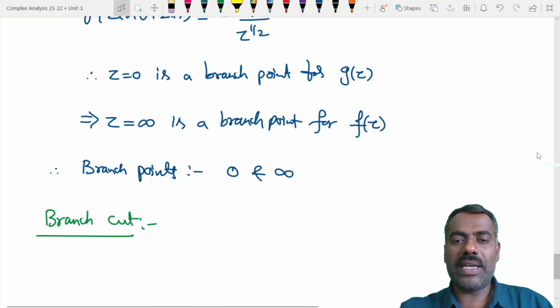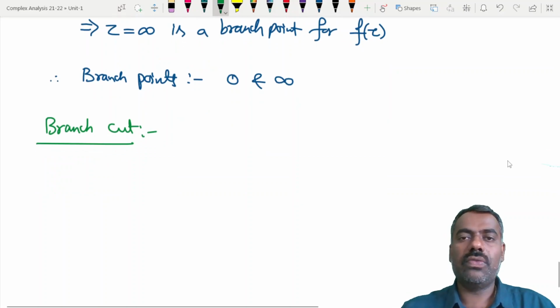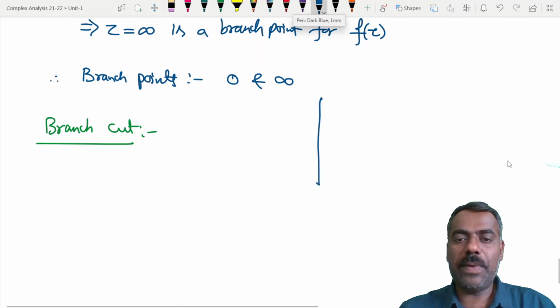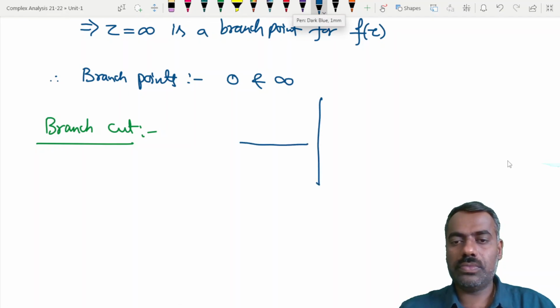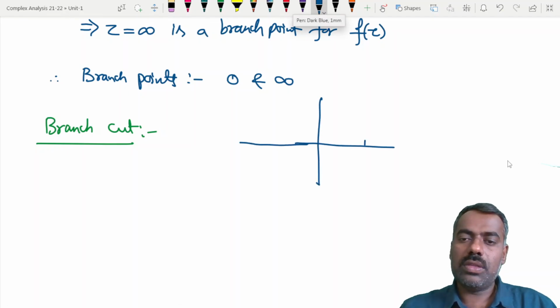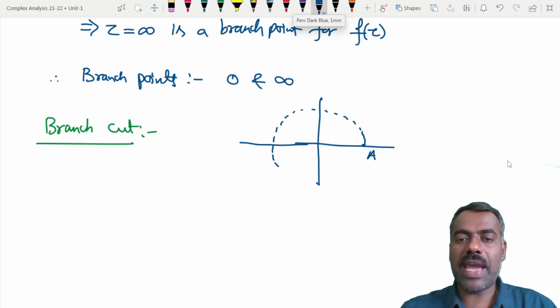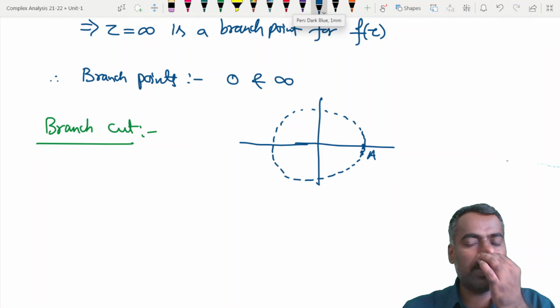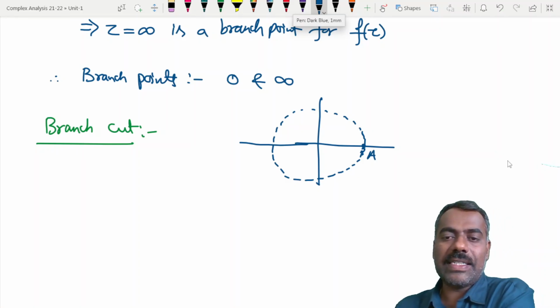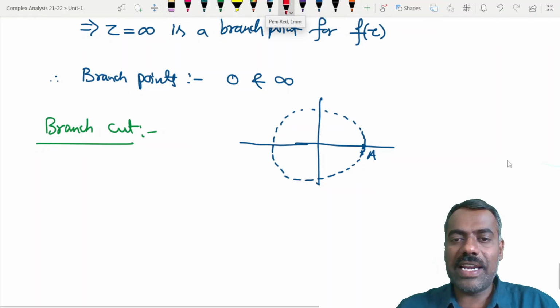Now, what is meant by a branch cut for this example? Again, go back to this definition. What we have here is a z plane. You started from, suppose, this point, and you are going here and coming back. The moment you reach here, there is a problem. You are getting two different values. Are you following? So suppose I remove this part.